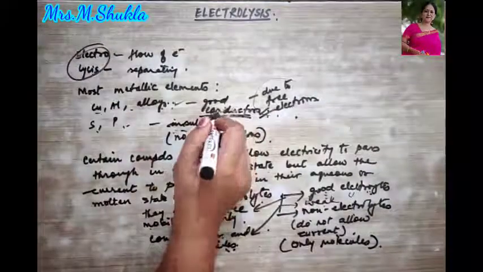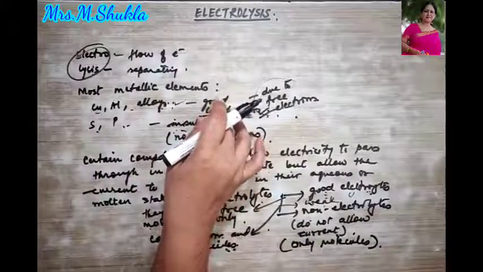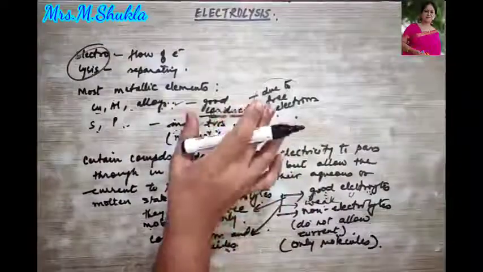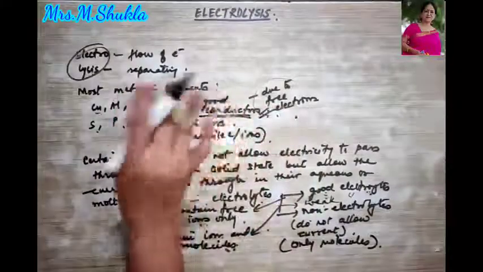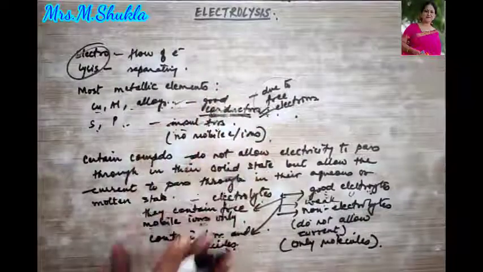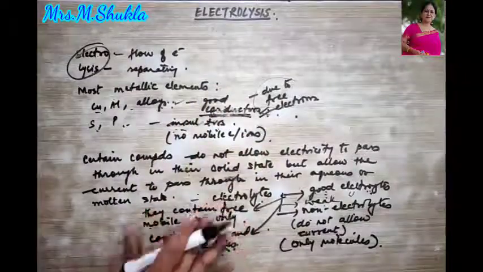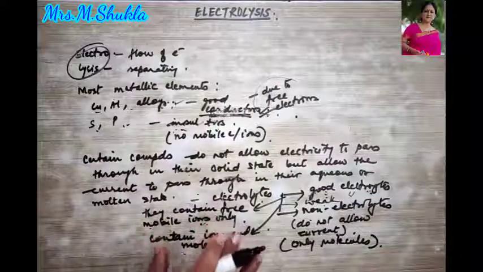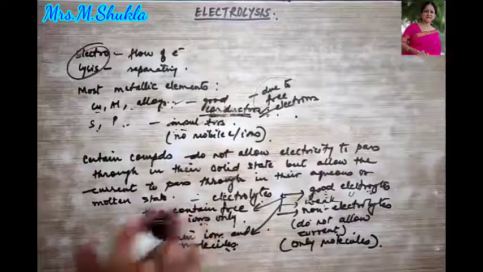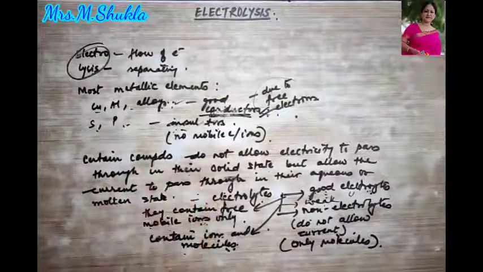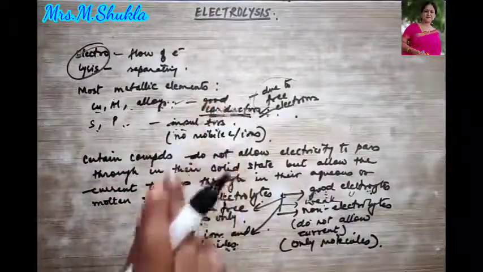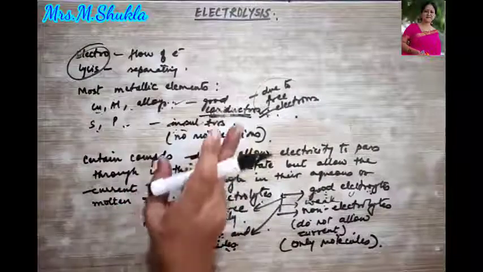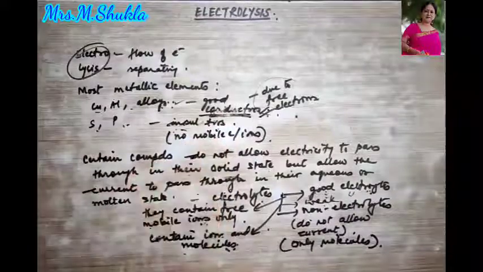So no chemical change has taken place over here, or in other words, conductors show physical change, hot and then cold, no new substances formed. Whereas in electrolytes, new products are formed at the electrodes, and therefore it involves chemical change. So I have verbally explained the difference between conductors and electrolytes, which you need to write down in your registers. It is very important.